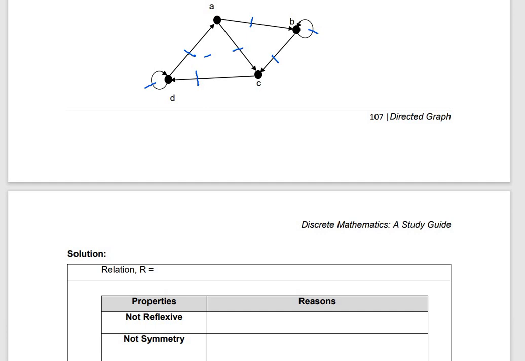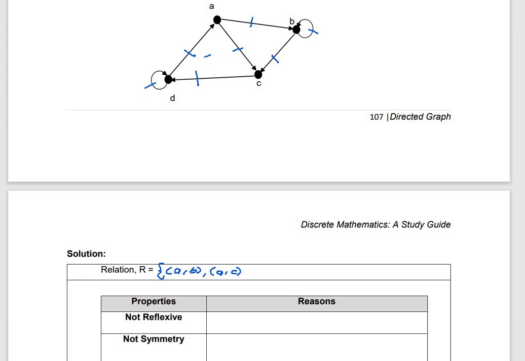So, relation yang pertama, kita kena tulis dia punya relation. Okay. So, kita ambil A dulu ya. A, B. Next one is A, C. I baca A dulu.